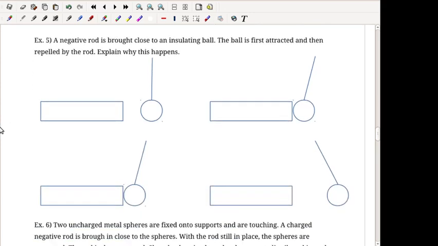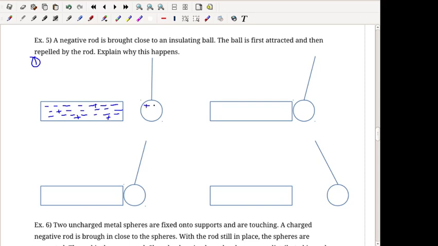Here is another example. A negative rod is brought close to an insulating ball. So this is going to be scenario number 1. Negative rod. This is my rod, it has lots of negative charges on it. Also, nothing is totally negative, so it also has a few protons, positive charges, but it has way more negative charges than positive charges, and it is brought close to a neutral ball.